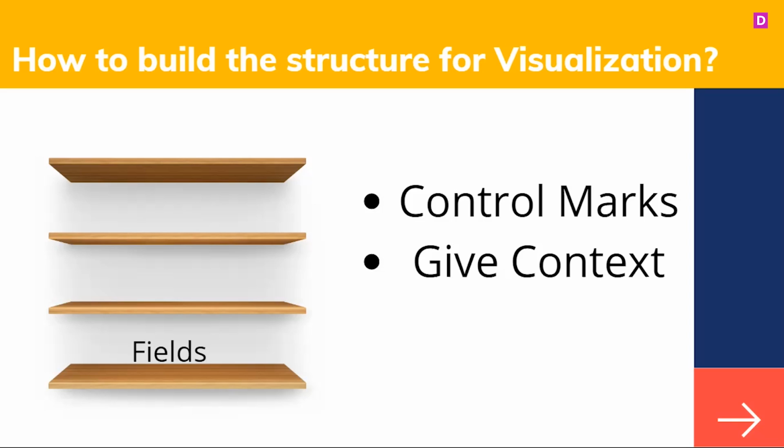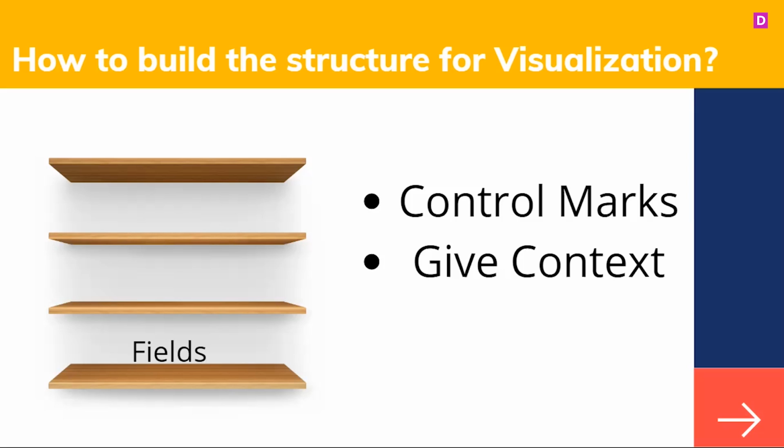What is the advantage of doing all this? Just by placing the fields in the appropriate shelves and cards, it helps me increase the level of detail in your visualization. Increasing the level of detail has a direct impact on the number of marks.